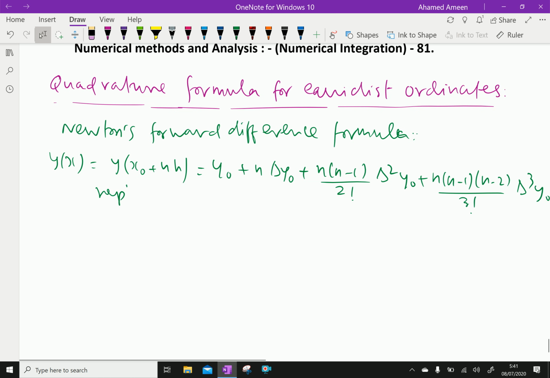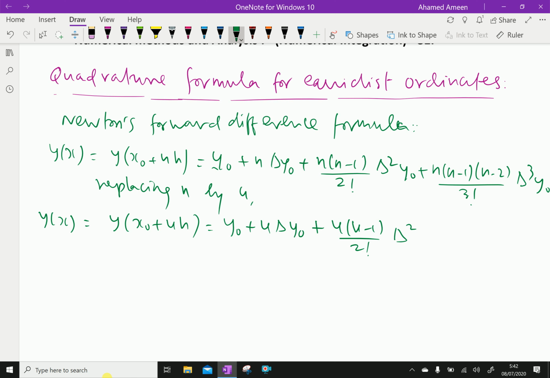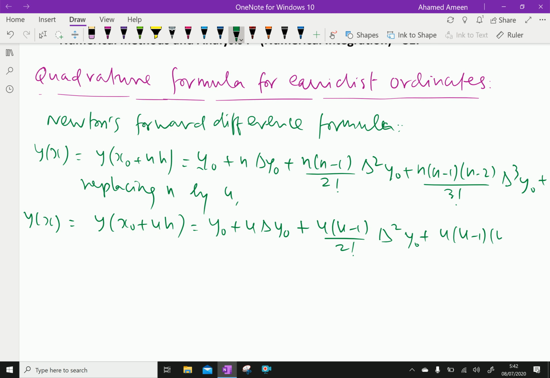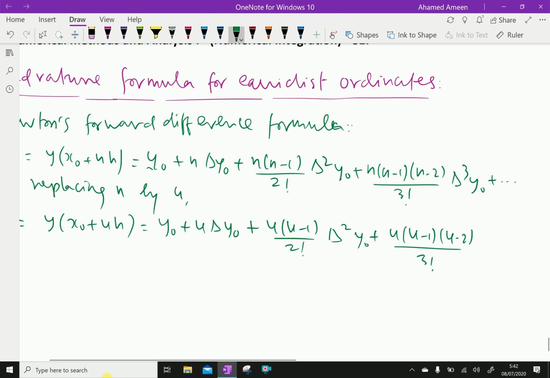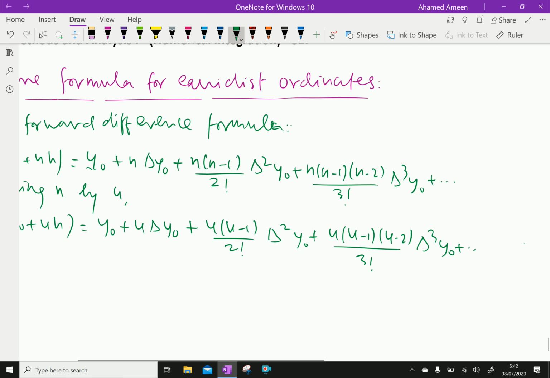Replacing n by u, we get y of x equal to y of x0 plus uh, equal to y0 plus u delta y0 plus u into u minus 1 by 2 factorial delta squared y0 plus u into u minus 1 into u minus 2 over 3 factorial delta cube y0, and it continues. Let this be equation 1.